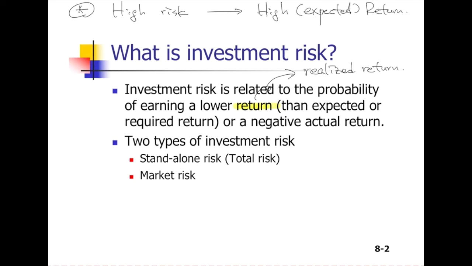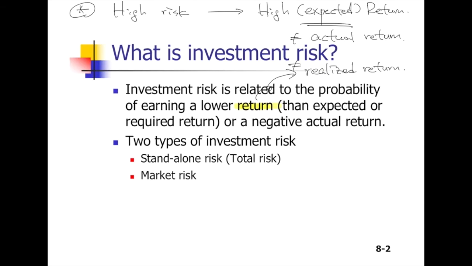In this case, expected is not the same as the actual return or realized return. So in conclusion, the expected return and the actual return can be different. There are two types of investment risk. The first one is standalone risk, which we also call total risk, and the second one is market risk. We will learn these two in more detail in the next slide.